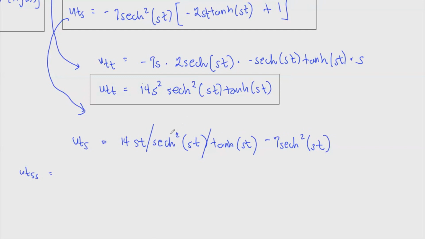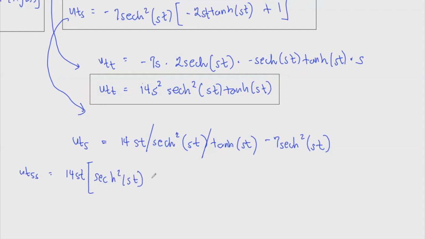So we know that when we do product rule, we'll be doing this product rule twice. So let's just do 14st. I'll be distributing 14st with the whole term. So that will be 14st, and then the derivative of this using product rule, and that's the product rule on the inside. So we have sech squared of st.